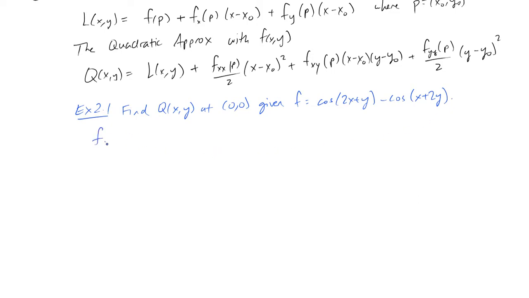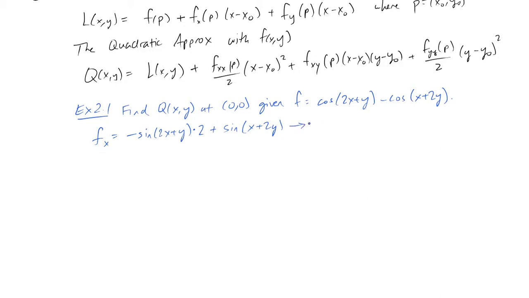Okay, so let's compute the derivative with respect to x. So cosine is going to become negative sine 2x plus y times 2. And then once again, cosine is going to become negative sine, so this will be plus sine x plus 2y, and then there won't be a 2 out here because the coefficient of x is 1.